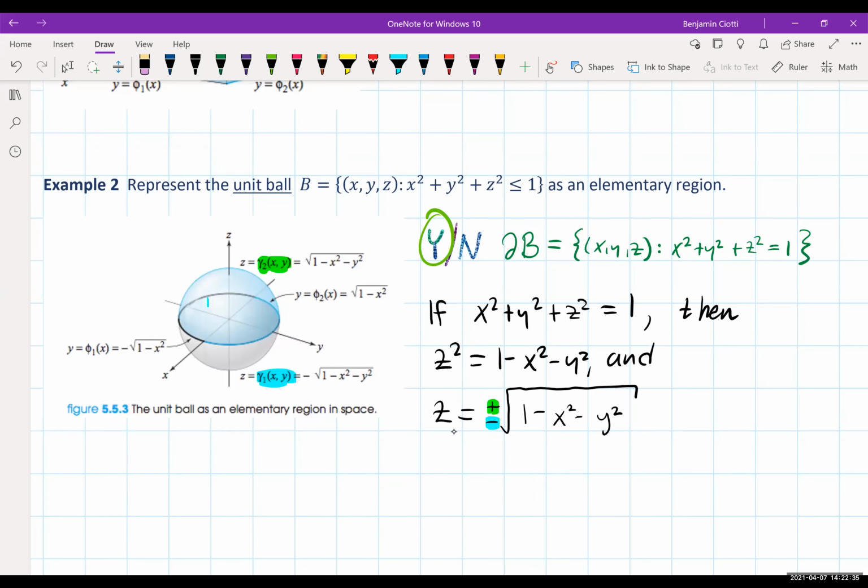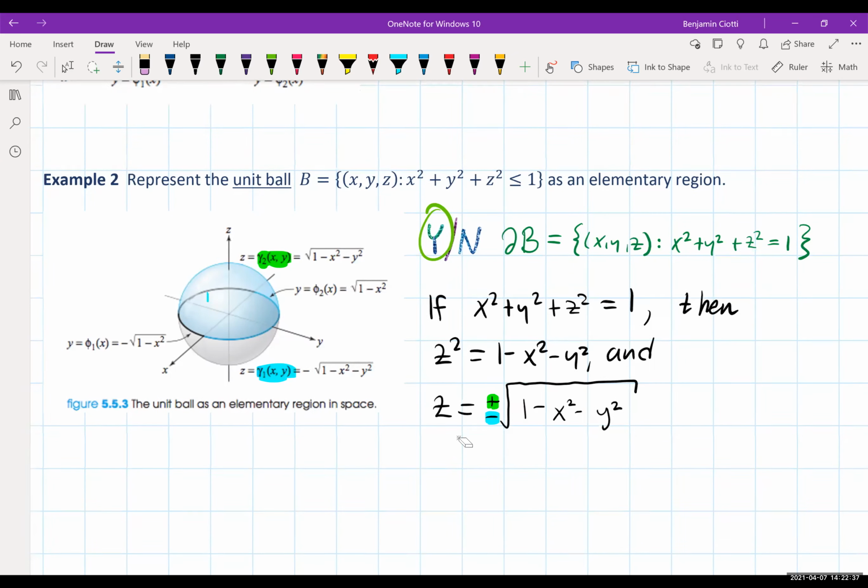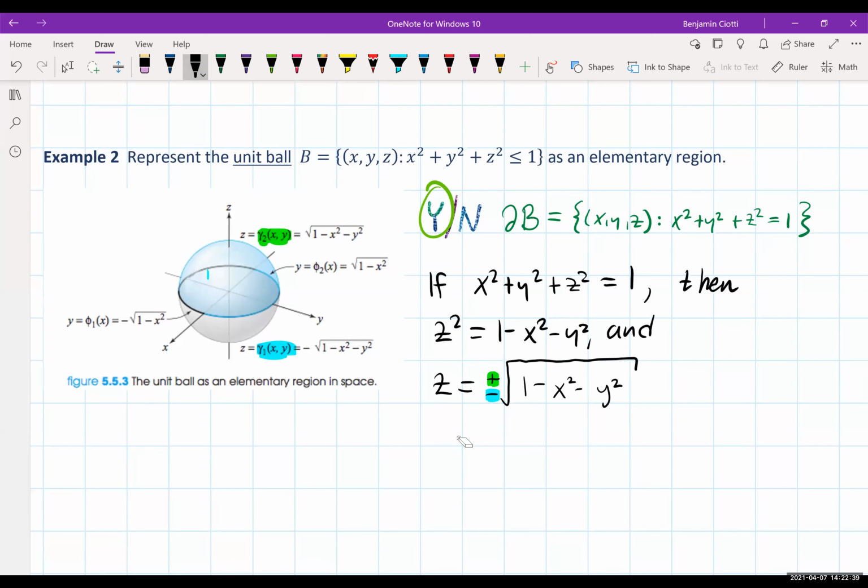So that gives a function on top and a function on the bottom. How about where do x and y live? Wait a second. We have a name for that set. That's the unit disk, which we've talked about previously.